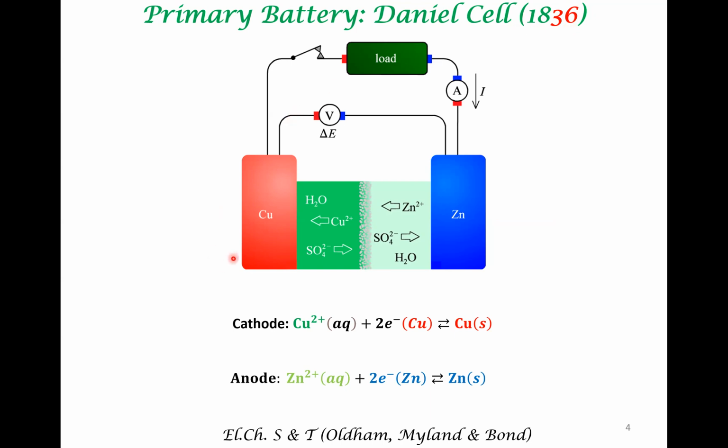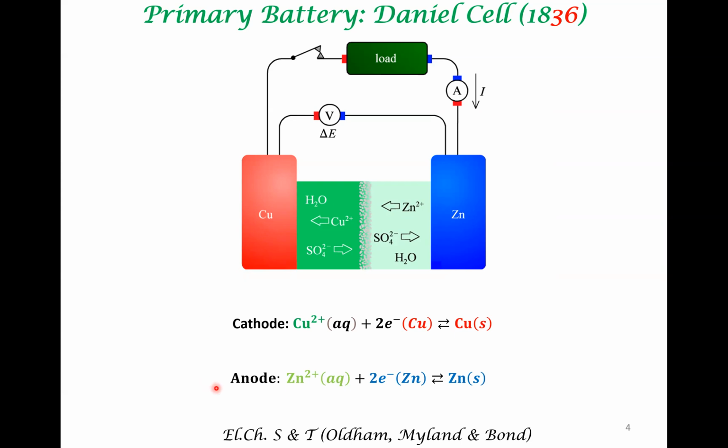The Daniell cell has a cathode, as I mentioned in the previous lecture. There are two ways of labeling the electrodes. Either you can label them as a cathode or an anode, or you can label them as a positive electrode or negative electrode. The anode is where you have oxidation.